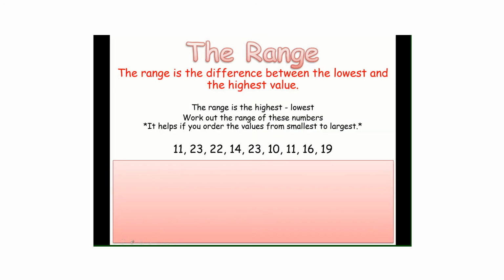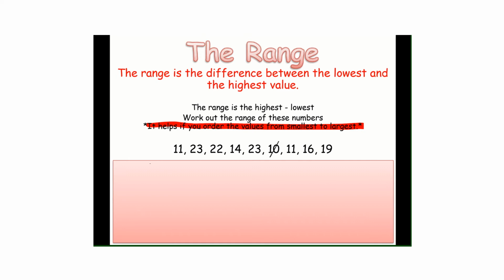And again, just like with the mode, it can be helpful if you put your numbers in order. If you order them, it is much easier to be able to see what's going on. So I've got this list of numbers here, and the first thing I'm going to do is write them in order.